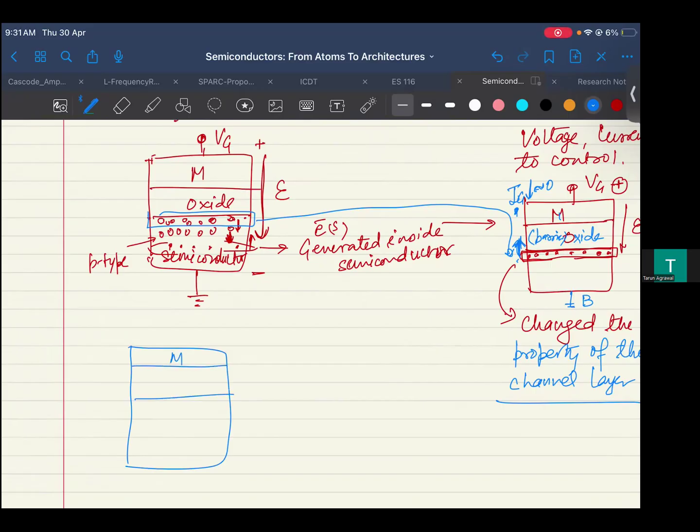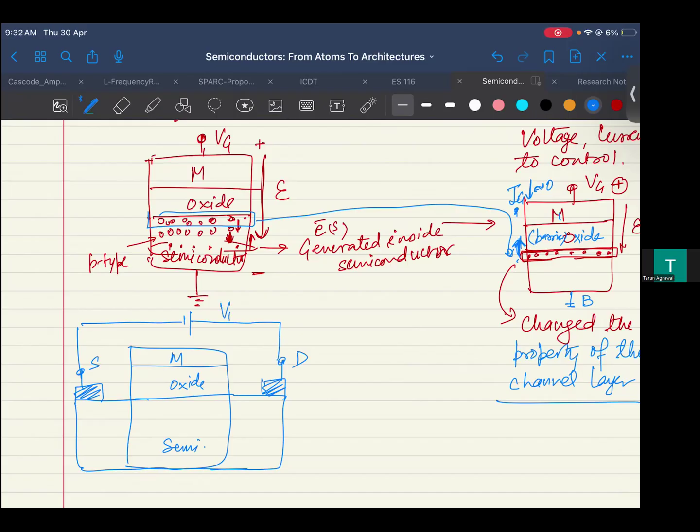This is my metal. This is my oxide. This is my semiconductor. What I need to add is another piece of semiconductor, where now I'm going to apply these biases, which I just saw, source and drain.